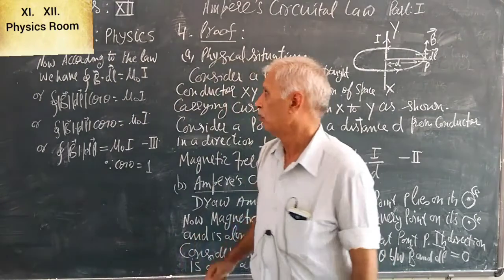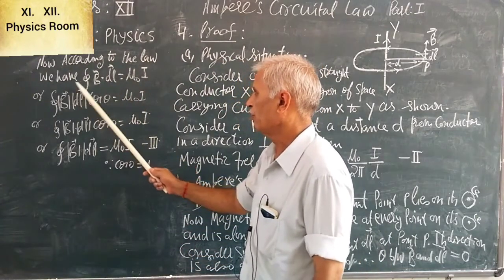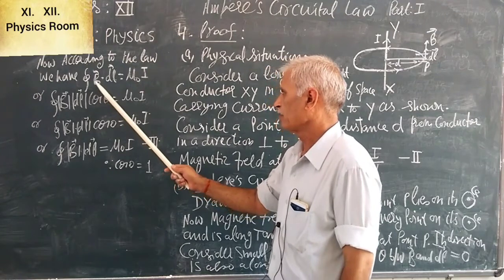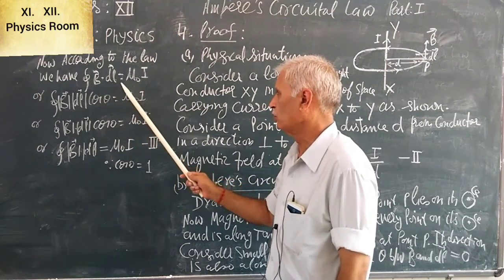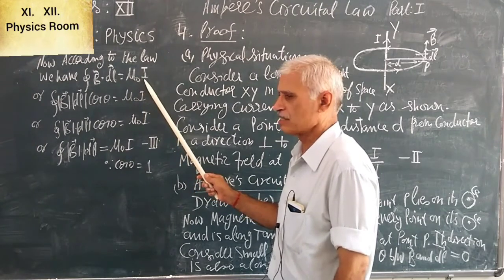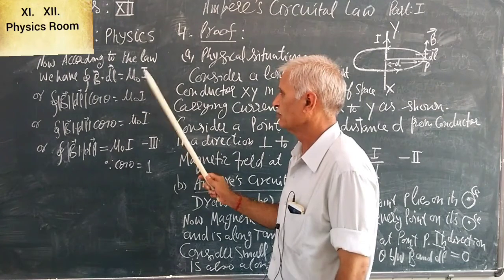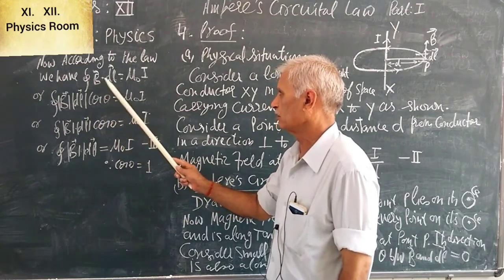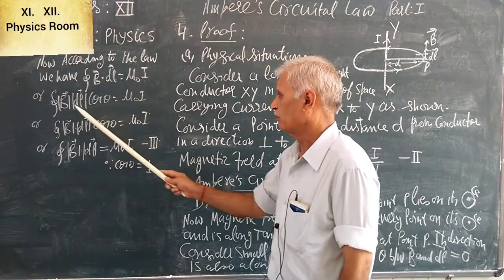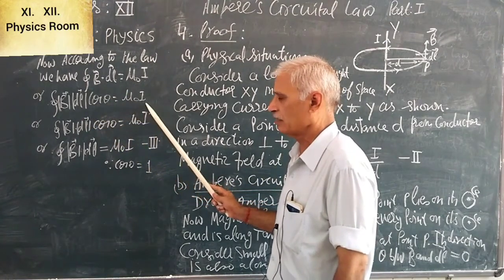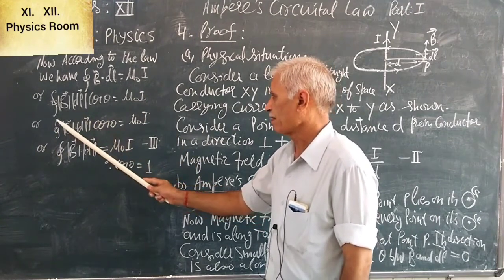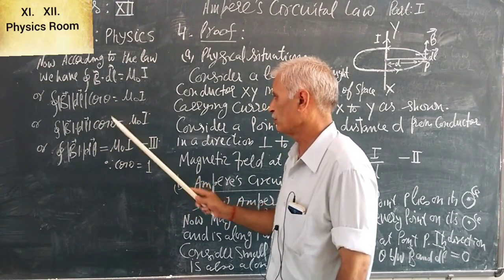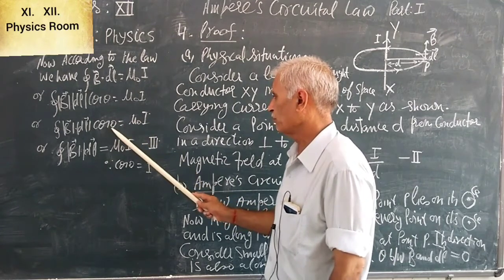Now according to Ampere's circuital law, we have the expression: line integral of magnetic field B over the whole loop is equal to mu0 times the conduction current I. Or we can write this expression as mod B mod dl cos theta, because it is a dot product of two vectors, equal to mu0 I. Or mod B mod dl cos 0, because theta is 0, equal to mu0 I. Now we put the value of cos 0 as 1.